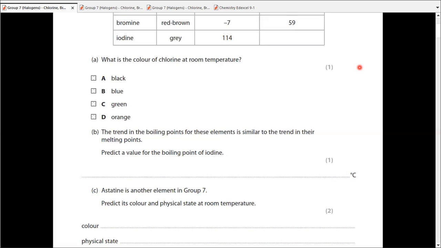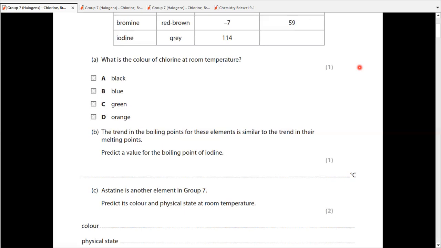So as iodine is gray, this is black. Black, perfect.